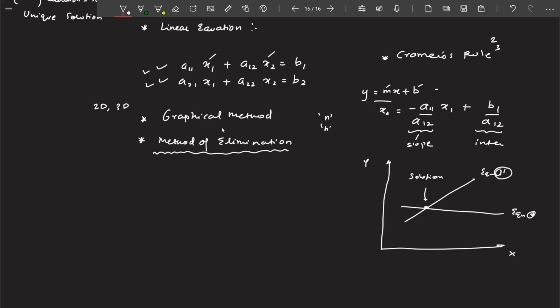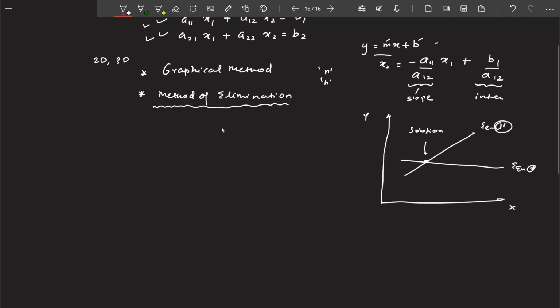So this method of elimination you have already studied in your high school. Okay, so if you can recall, let us say we have these two equations. At present I am just going to take equations involving two variables.